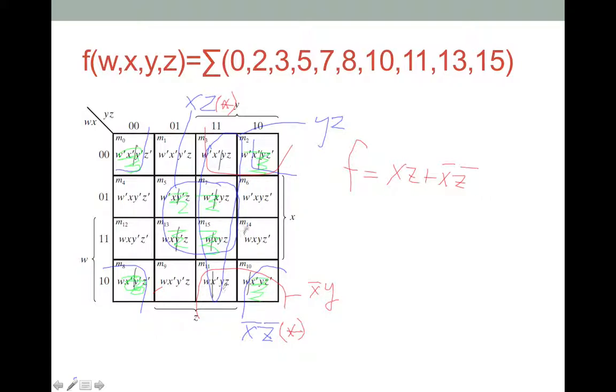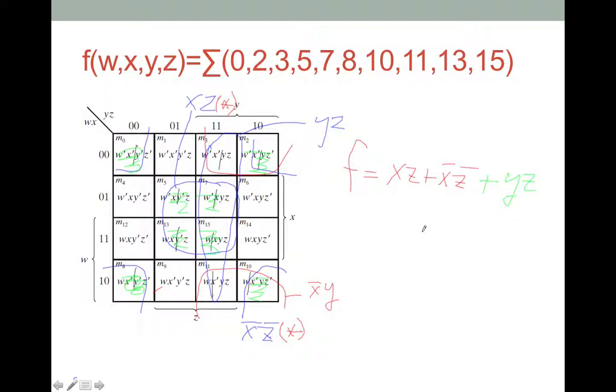The one in this column and the one marked in red are the same size, with 4 cells. So we can have only one PI to cover the remaining two. So either you choose this column or you choose the red one. It's the same complexity. So in this case, we have two optimum solutions. So first choice: if I choose the one in the column, then that is YZ.